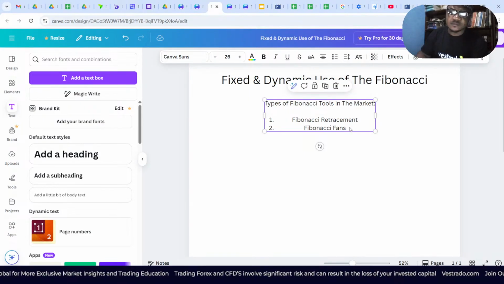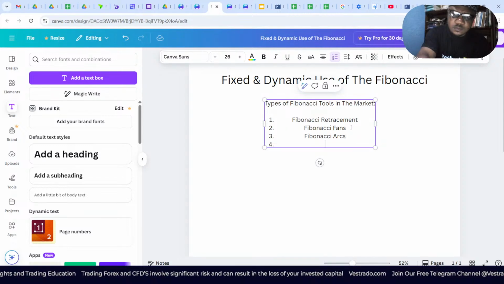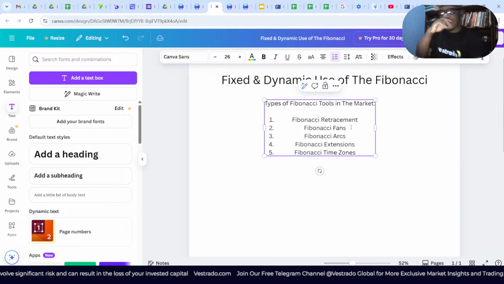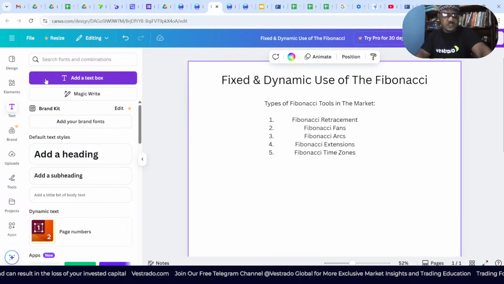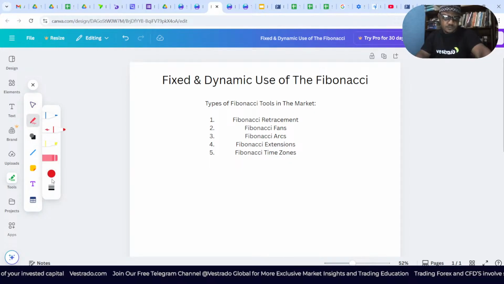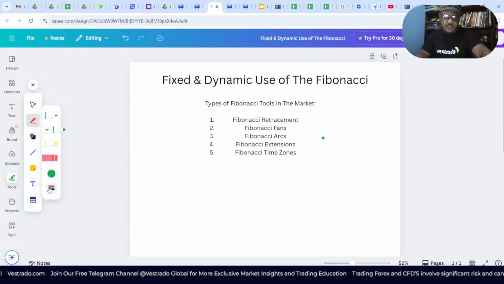Fibonacci arcs, Fibonacci extensions, and the Fibonacci time zones. Okay, this is what you typically find, but the one we're going to be focusing on today is this. We're going to be focusing on the Fibonacci retracement.